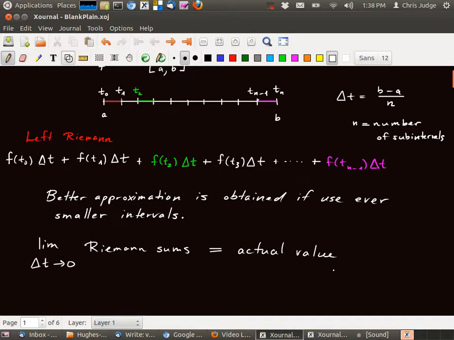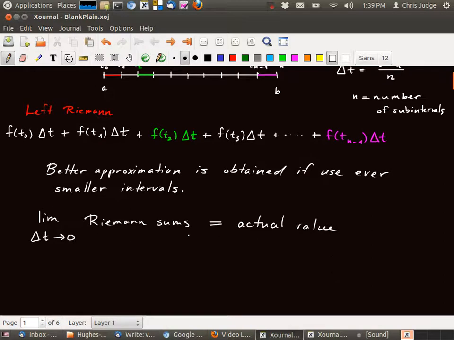Now this actual value, we have a certain notation for this. This limit of the Riemann sums is going to be the actual value we're approximating. We write the integral from a to b of whatever function we're given to start with times dt.